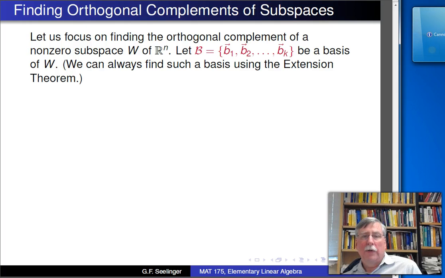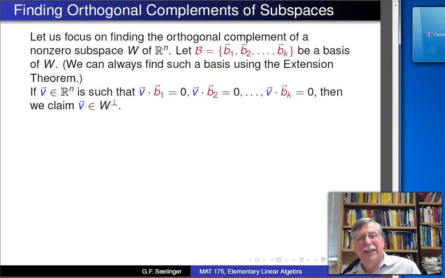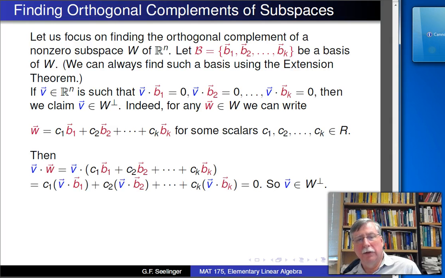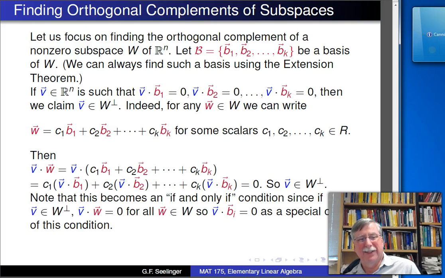So how do we find orthogonal complements? What we can do is start with a basis. And then what we're looking for is that solution of dot products. We can show that if a vector is orthogonal to every basis element, then it's orthogonal to every vector in W. And again, that's that old trick of just distributing the dot product across linear combinations.